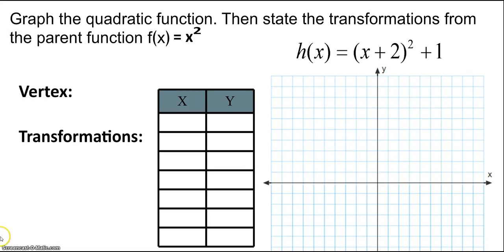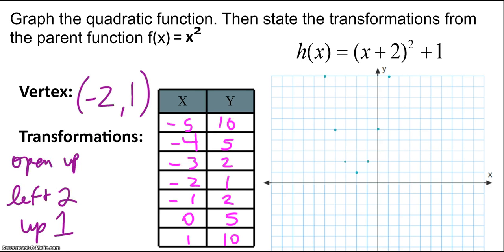All right, so what I'd like for you to do is pause and try this one from beginning to end. I want you to put it in the table, tell me the vertex, the transformations, and graph it. All right, so based on the information, I know that the vertex is negative 2, 1. Be careful, remember this is x minus a negative 2, the original minus being a part of the equation.